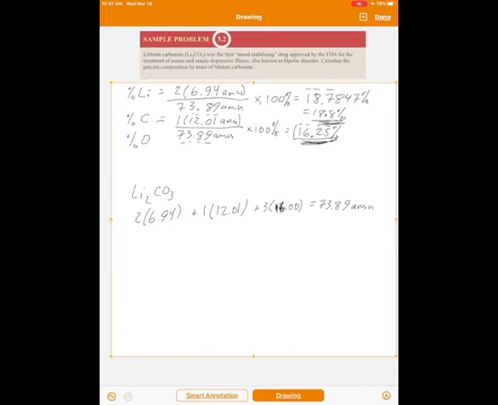We have one more element to do, that's oxygen. So for oxygen, there are 3 of them. So 3 times 16.00 AMU. We divide that by the total weight, the molecular mass, or actually formula mass in this case. And then to convert it to a percentage, we would do that. So 3 times 16 is 48. Divide that by 73.89.